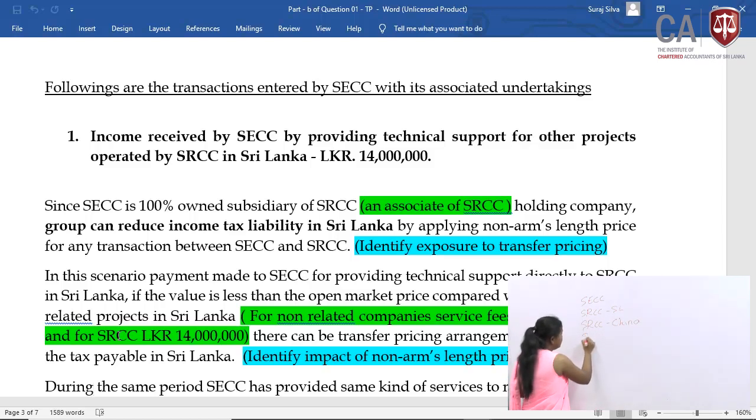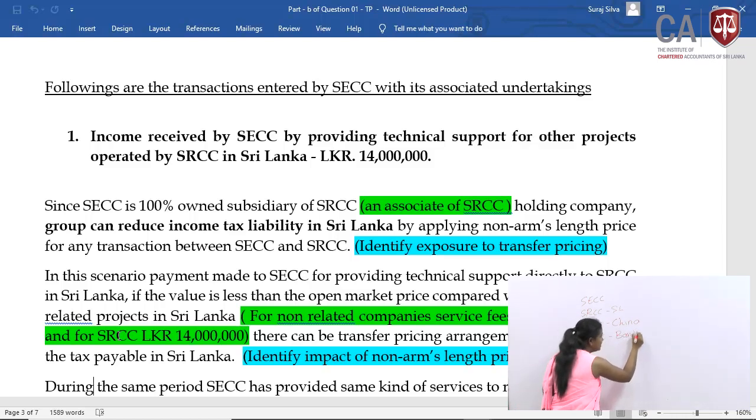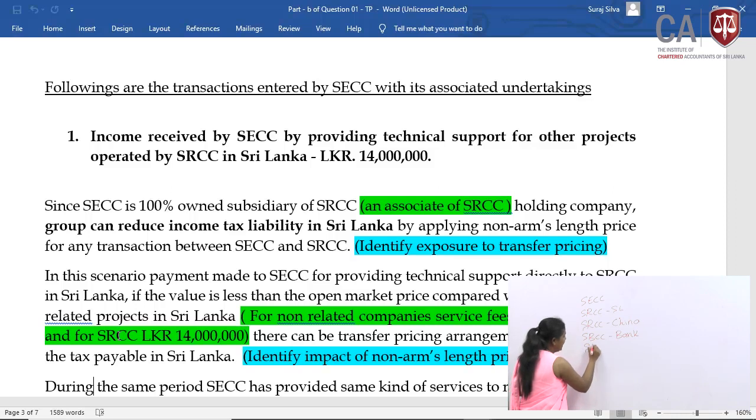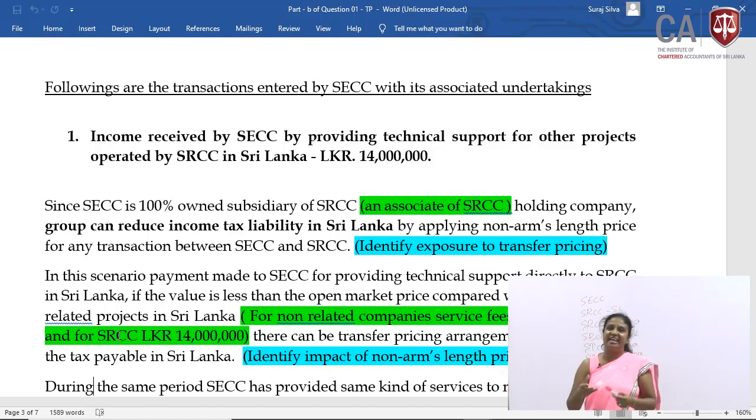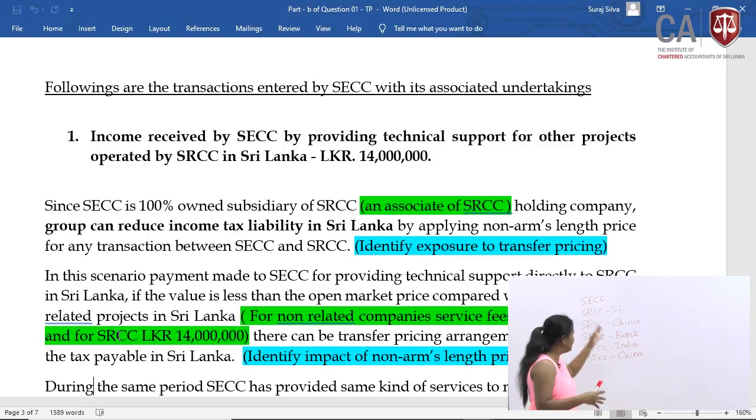Then SBCC, this is the bank, which is again an associated undertaking. Then STCC India, again an associated company. Then STCC China. This is the list of companies. It is the same kind of name. It's going to complicate things for students, but don't complicate. If you have very clearly identified those things, it's really easy.